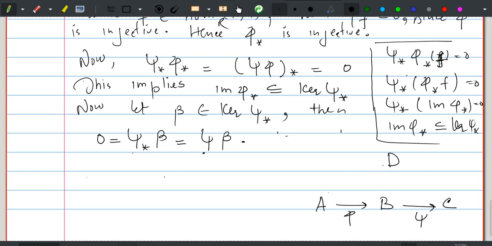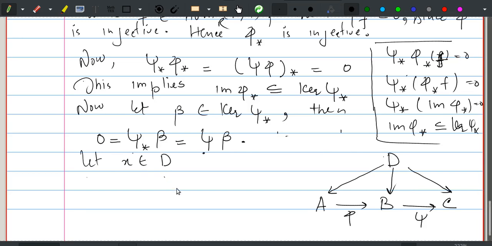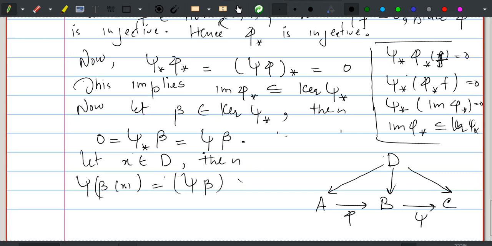Now these are the module homomorphisms which are coming out of D. Let us pick some element, say x in D. Since beta is in kernel of psi star, beta is a module homomorphism from D to B. Then psi beta of x is the same as psi of beta of x, but psi beta is 0, so this is 0.